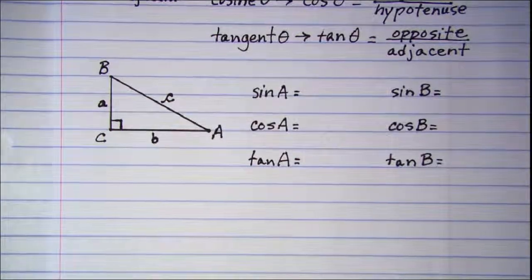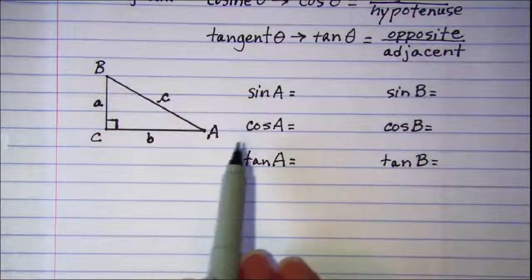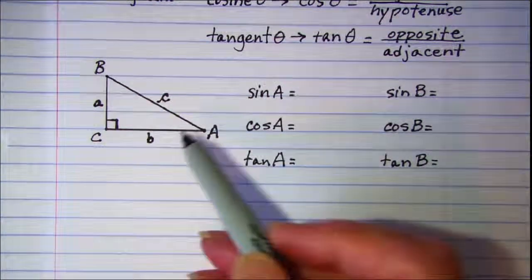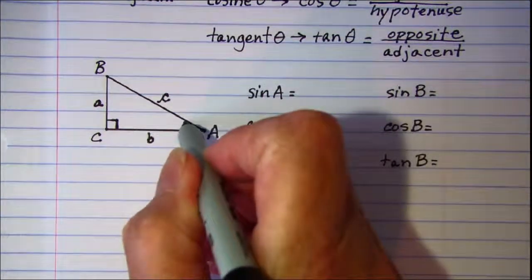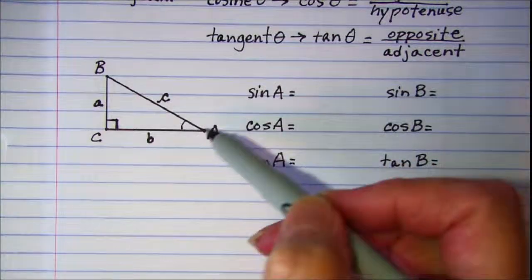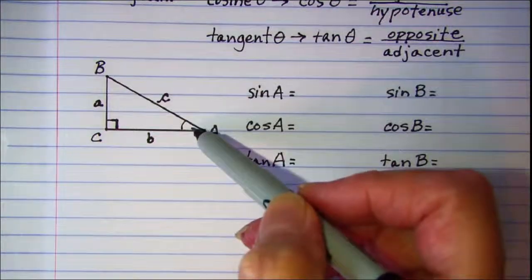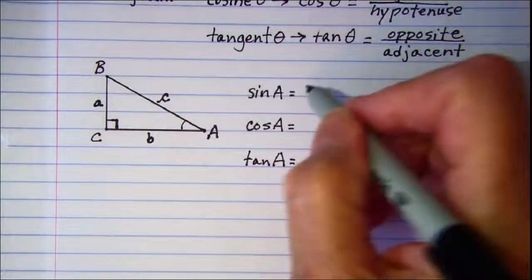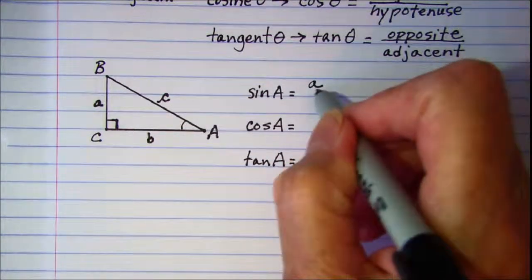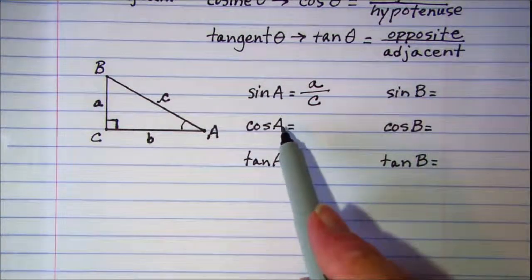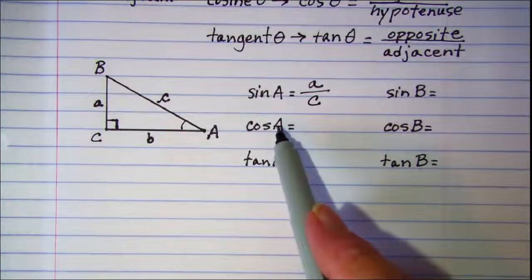So for this drawing, if we wish to find the sine of angle A, we first locate angle A, and we see that the side opposite is A, and the hypotenuse is C. So the sine of angle A is A over C. The cosine is defined to be adjacent over hypotenuse.